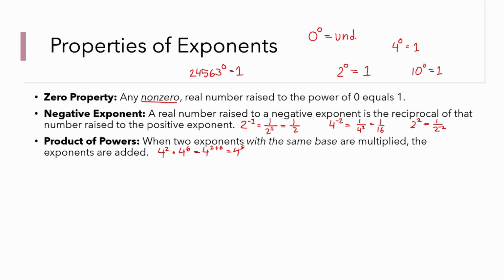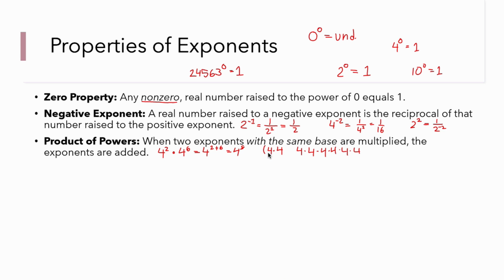Now, why does this work? Well, let's take our exponents and write them as repeated multiplication. So 4 squared can be written as 4 times 4, and 4 to the power of 6 can be written as 4 times 4 times 4 times 4 times 4 times 4, right? And we're multiplying these together.